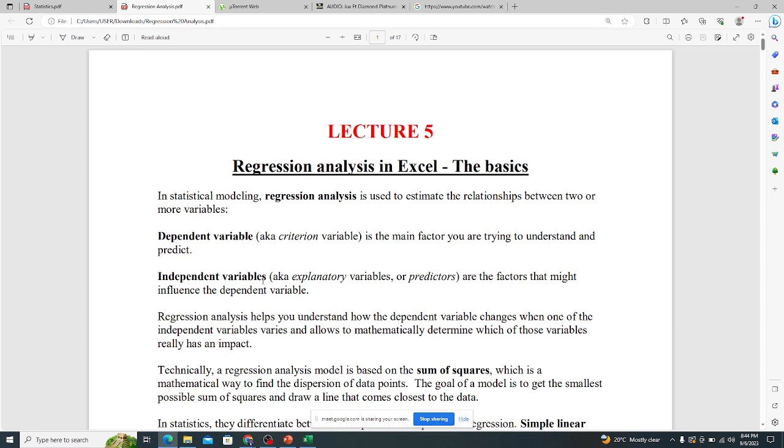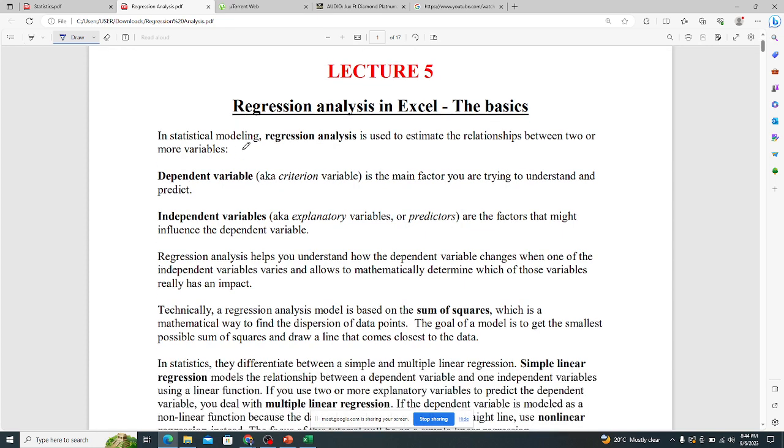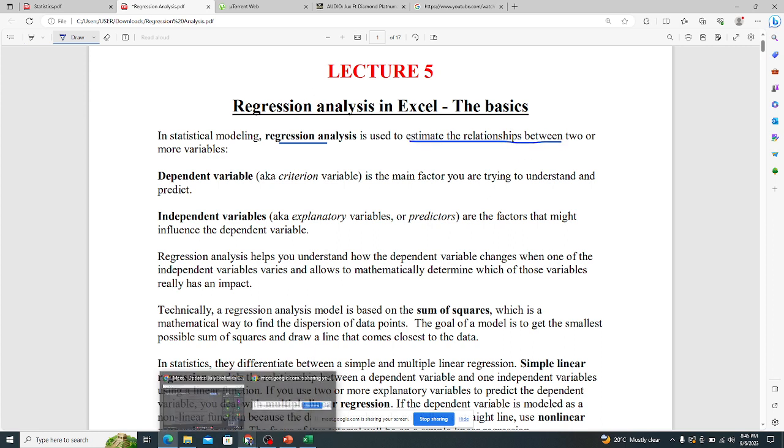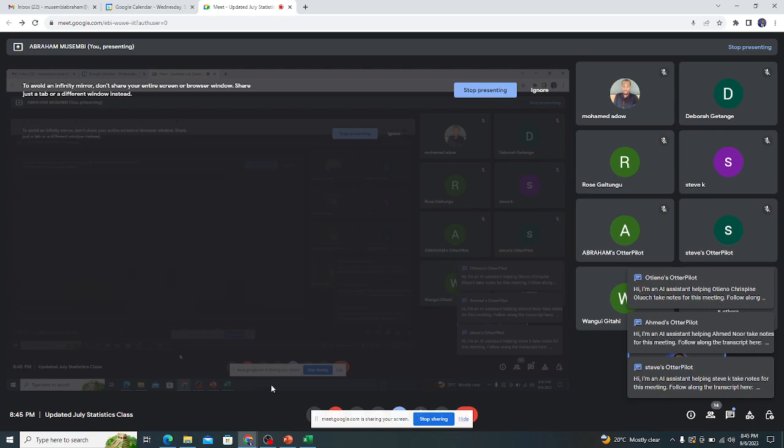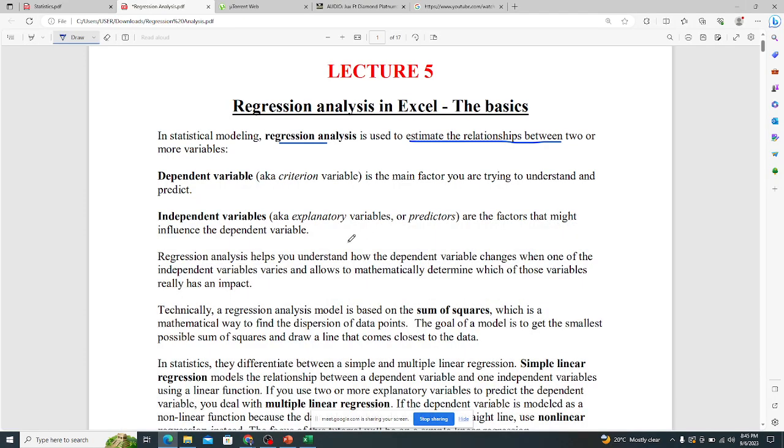All right, yes. Before that, just to recap what we discussed earlier: regression analysis is basically used to estimate the relationship between two variables.